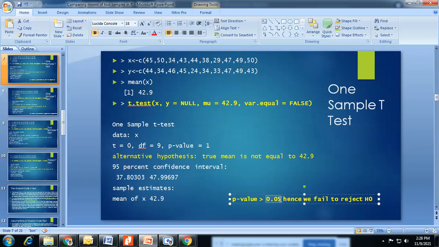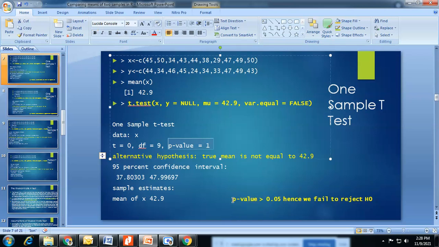If the p value is less than 0.05, then we reject the null hypothesis. In this case the p value is 1.